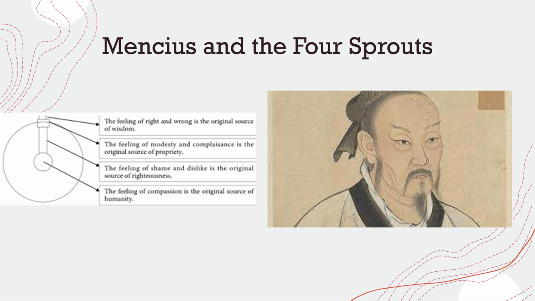He identifies the feeling of right and wrong, which is the original source of wisdom, the feeling of modesty and complaisance, which is the original source of propriety, the feeling of shame and dislike, which is the original source of righteousness, and the feeling of compassion, which is the original source of our sense of humanity, what Mencius calls Ren.